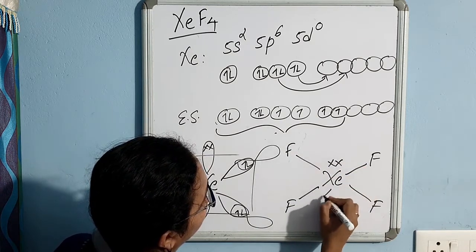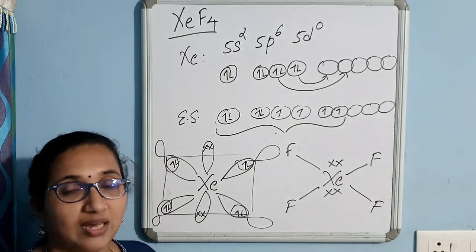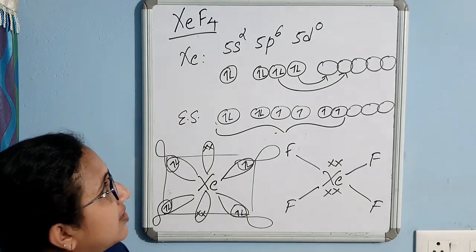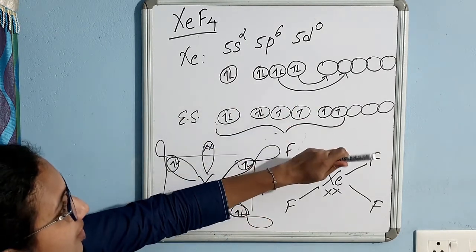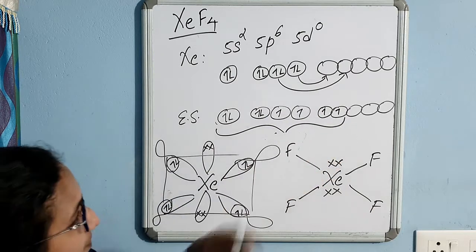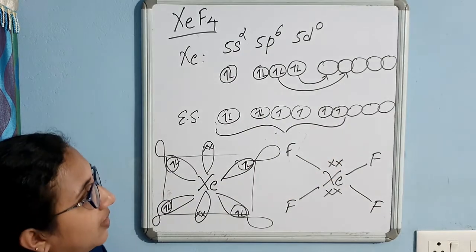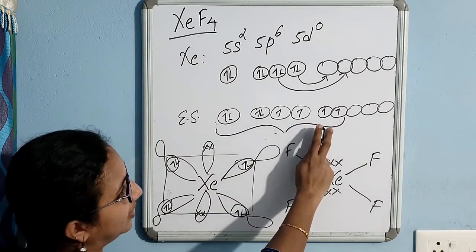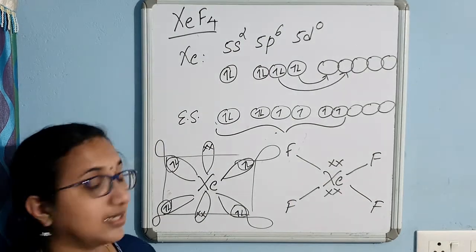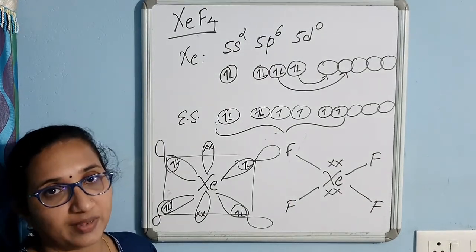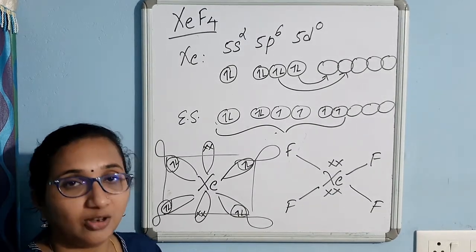So when you have 4 bond pairs and 2 lone pairs, the molecule will adopt a square planar geometry. So this is the case with XeF4. We have the xenon atom, whose ground state configuration is completely filled. In order to bond with 4 fluorine atoms, it will make available 4 half-filled atomic orbitals, and these all will hybridize to form 6 sp3d2 hybrid orbitals, and among the 6, 2 are occupied by lone pairs.